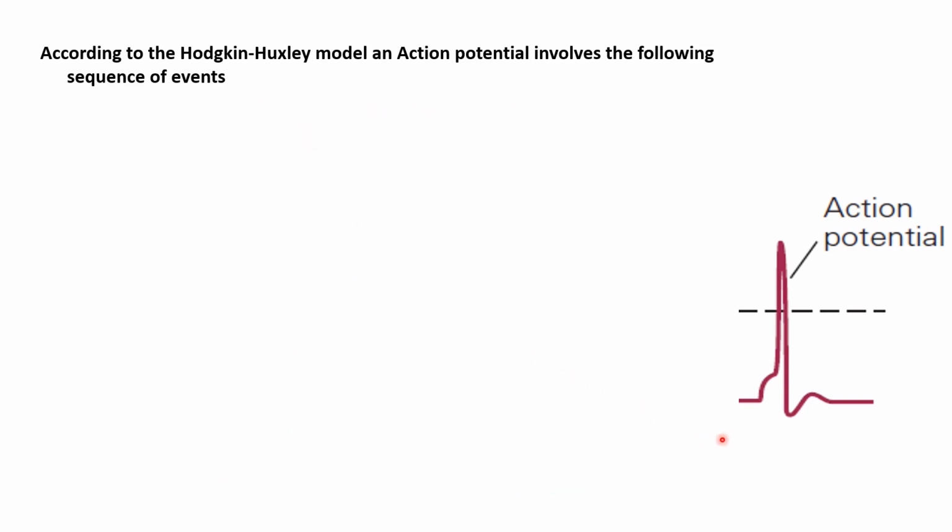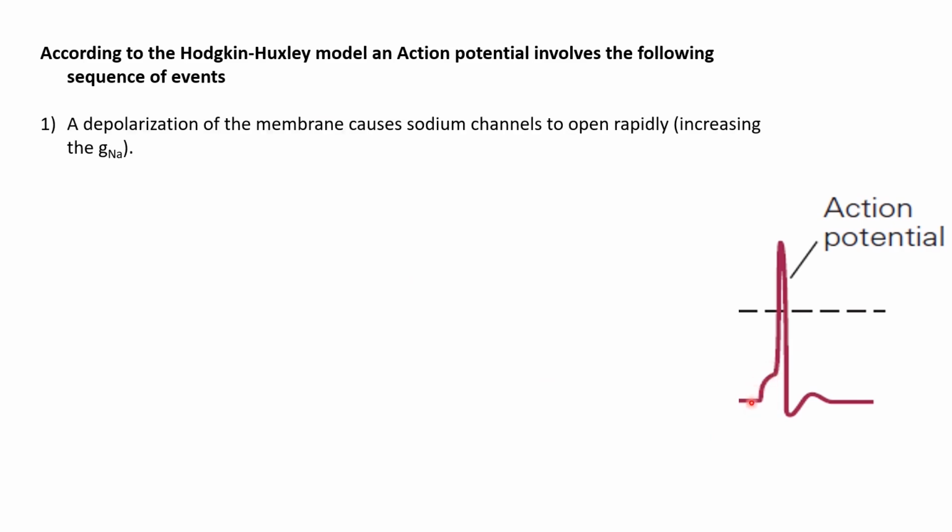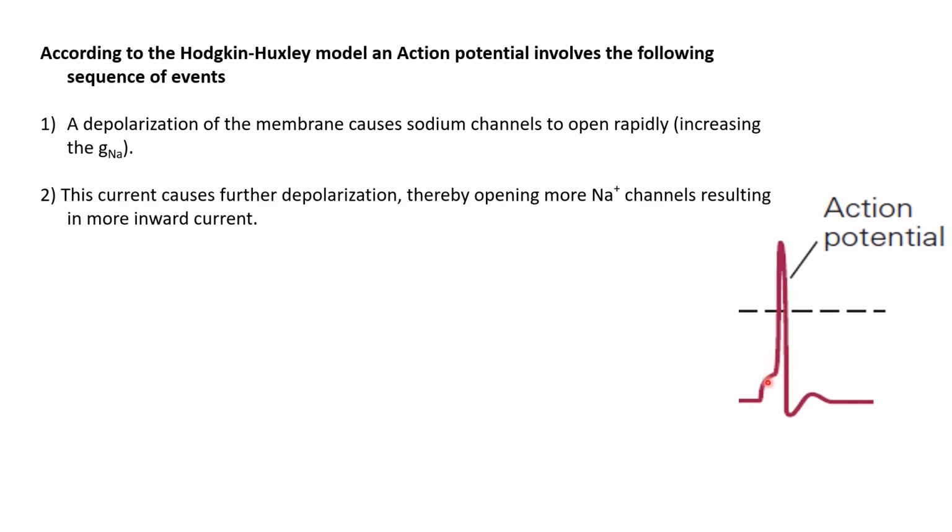In the beginning, if we give a sufficiently large depolarization to the neuron, that causes some sodium channels to open. The voltage gated sodium channels open quickly, and that opening causes some sodium current to flow into the neuron. As the sodium current flows in, it makes the membrane potential more positive, and that causes further opening of the sodium channels.